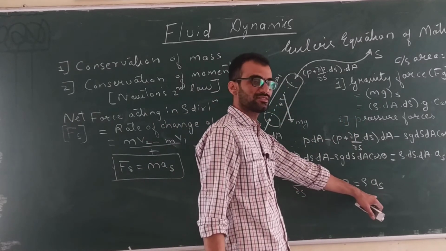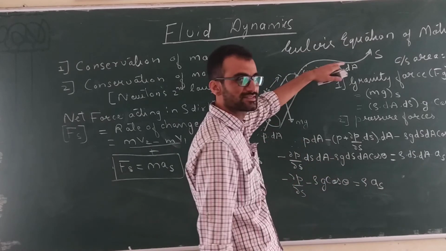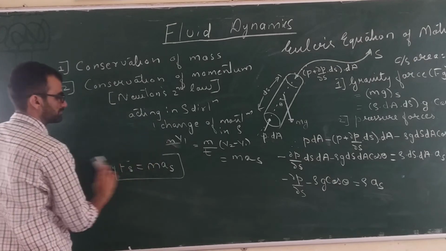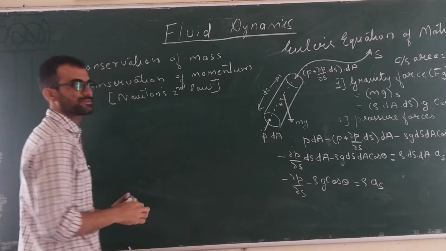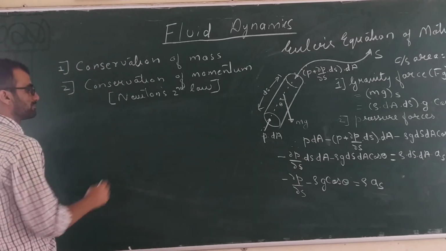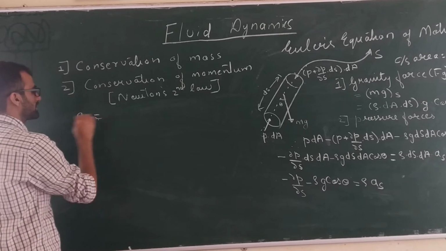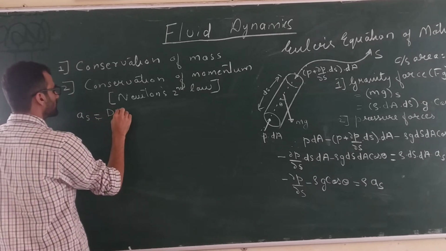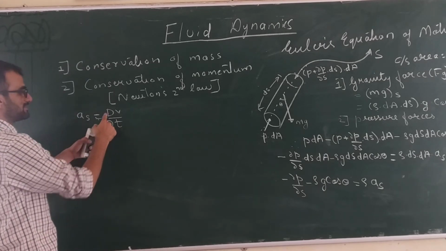Now we will think about the acceleration. What would be the acceleration along this s direction? In fluid kinematics we have seen and derived the expression for acceleration. So the total acceleration a s would be dv by dt, where this d represents the total acceleration.